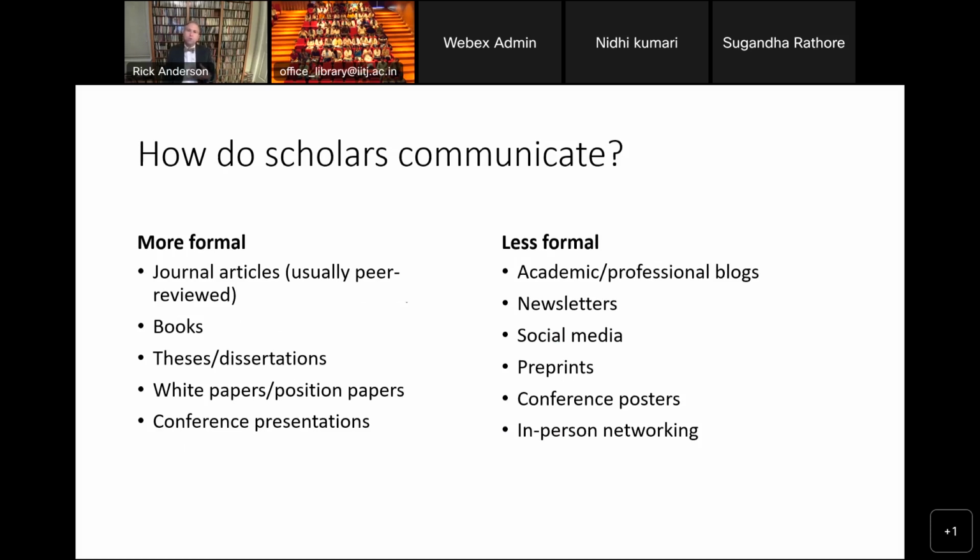But another more formal method of scholarly communication is the thesis or dissertation that you write as a graduate student. I don't know how different this might be in India. In the US, the master's degree is designed to demonstrate that you have mastered a discipline.